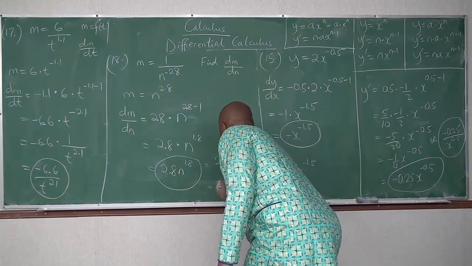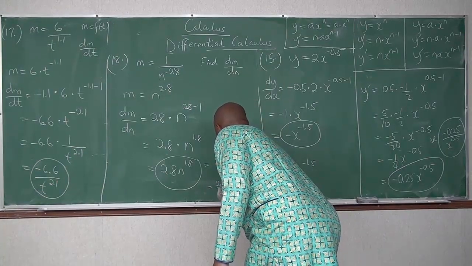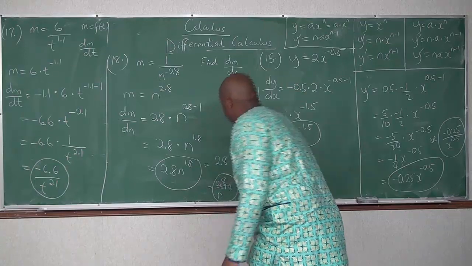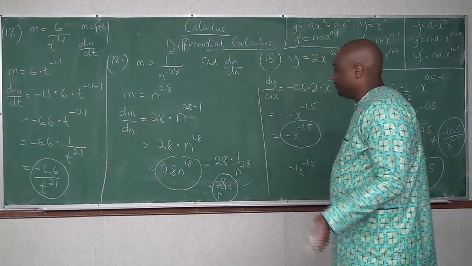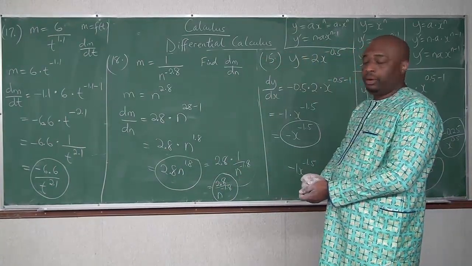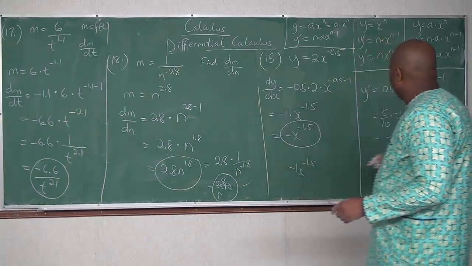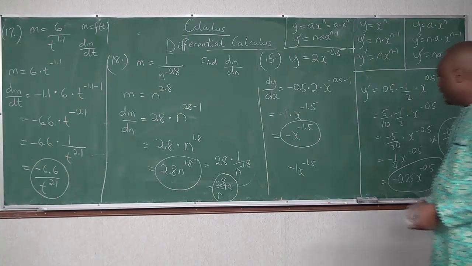And that will now give you 2.8 over n negative 1.8. It doesn't matter. So this is okay for me. So just the same thing here. Doesn't matter. It's okay.